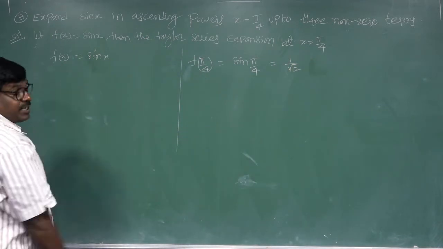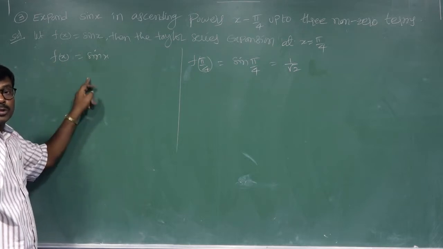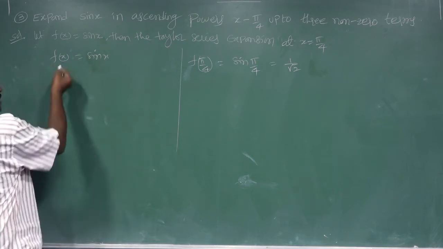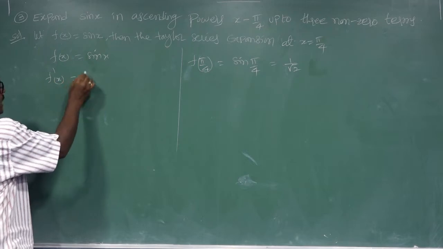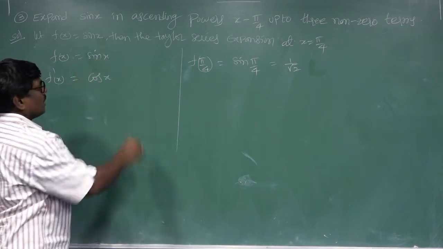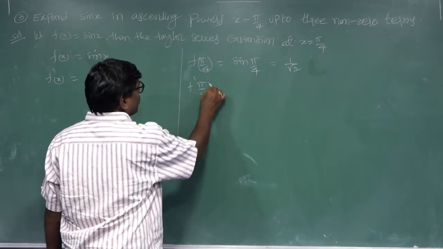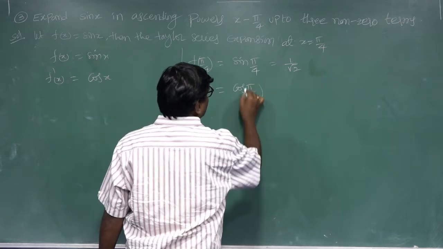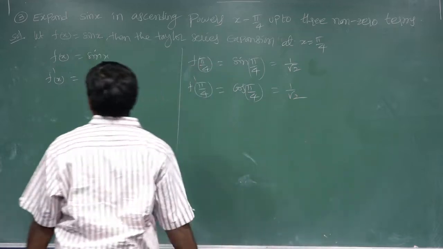Next, the derivative of f of x equals sin x with respect to x: f dash x is the derivative of sin x, which is cos x. Again f dash of pi by 4 equals cos of pi by 4 equals 1 by root 2.